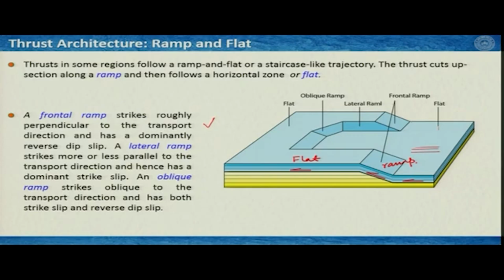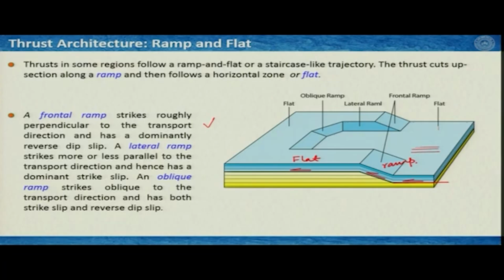Now, when the thrust develops in a previously undeformed sedimentary sequence, the flat is parallel to the bedding. So, you see it is originating here, it is parallel to the bedding. So, we saw it, the thrust starts, the dip angle of this fault is very low or almost subhorizontal.